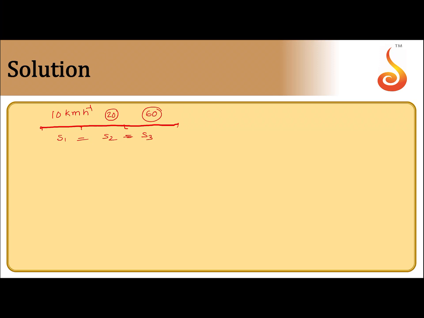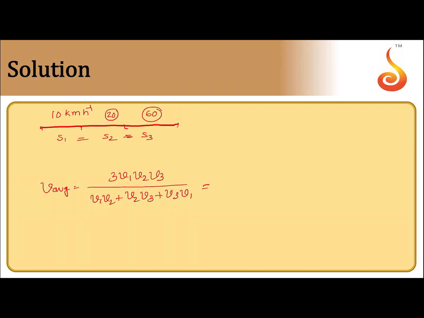Now, you may wish to recall that if you consider average speed over 3 equal distance intervals, what is the formula? Average speed is given by 3 V1 V2 V3 divided by V1 V2 plus V2 V3 plus V3 V1.